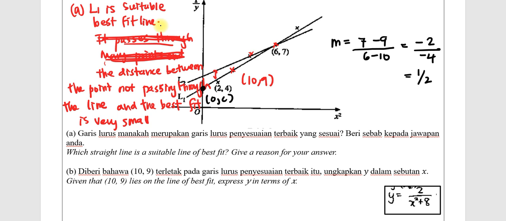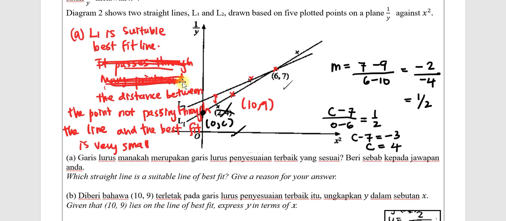Don't take the 2, 4, because it is not passing through, so cannot take. For C, C minus 7 over 0 minus 6 equals 1 over 2, so C minus 7 is equal to negative 3, half multiplied by negative 6. So C is equal to 7 minus 3, which is 4.